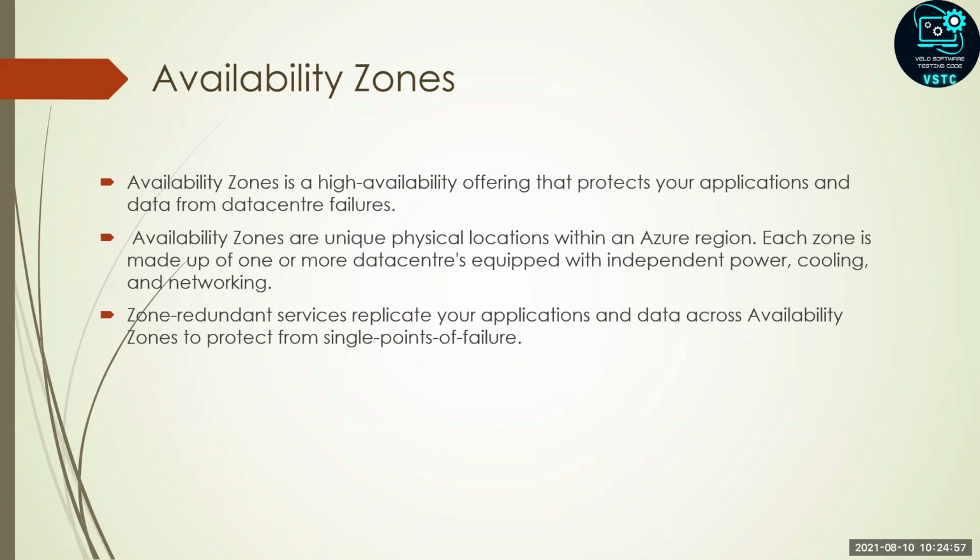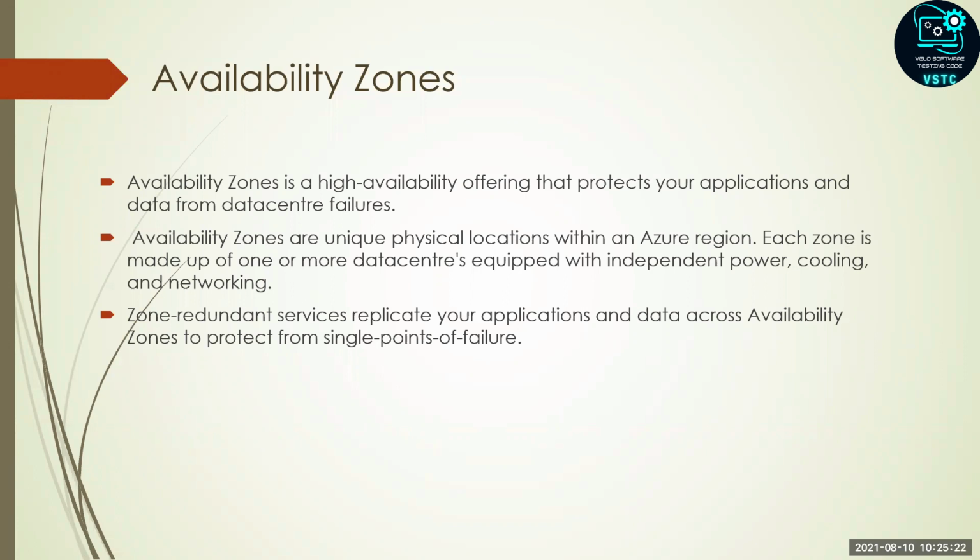Simple. So this is the concept of availability zone: spreading your virtual machines across multiple zones. Why? Because each zone is made up of one or more data centers equipped with independent power, cooling, networking, etc. These are the differentiating features.